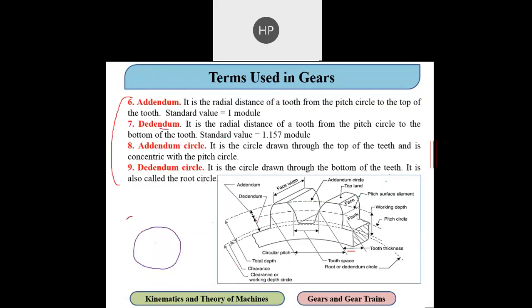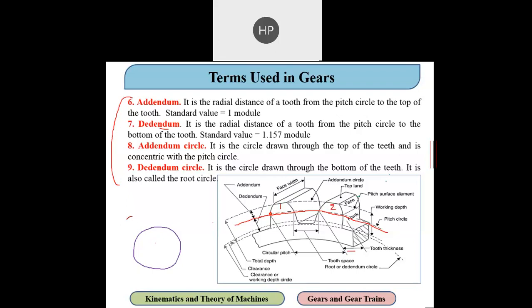So if you see here, this is our pitch circle. First we have to consider the pitch circle, because we are going to measure along the pitch circle. Now if I consider one point on the tooth over here on the pitch circle, and the same point on the second tooth. This is our tooth number 1 and this is our tooth number 2.